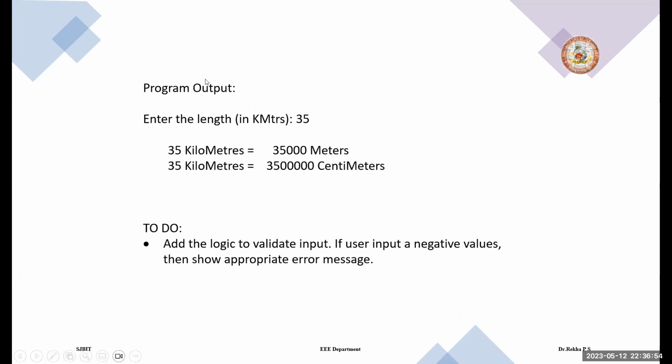You can directly print 35,000 meters, but it will be more informative if it is displayed like this: 35 kilometers is equal to 35,000 meters. 35 kilometers is equal to 3,500,000 centimeters.